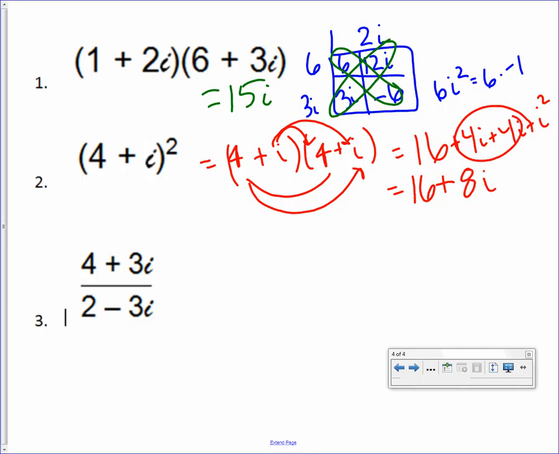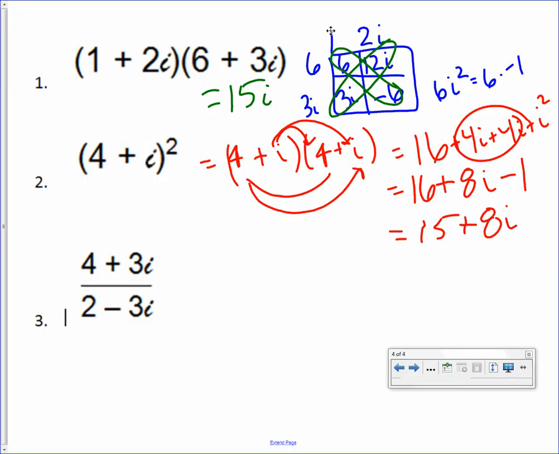I'm combining 4i and 4i to get 8i. And then i squared becomes -1. And then I can combine the real parts. So the product is 15 plus 8i. I could have used the box method. Whichever is more comfortable for you. You have a choice between box method and FOIL.